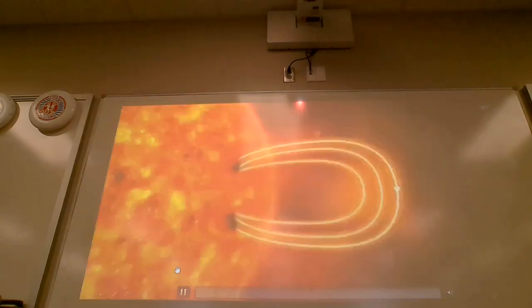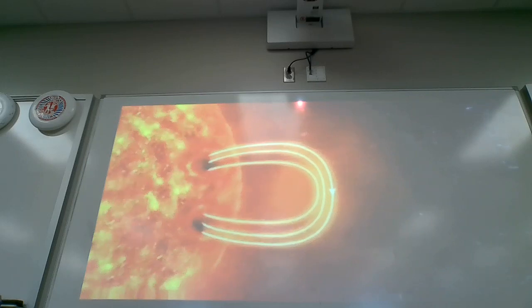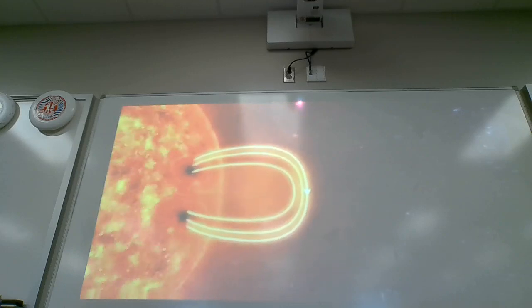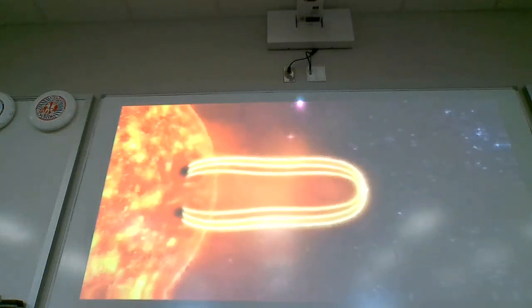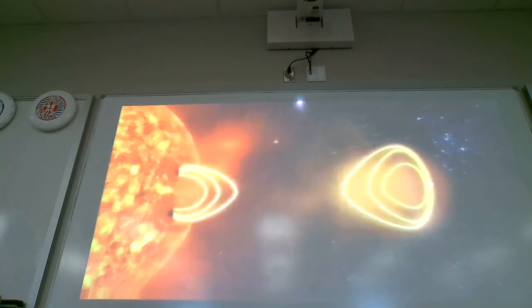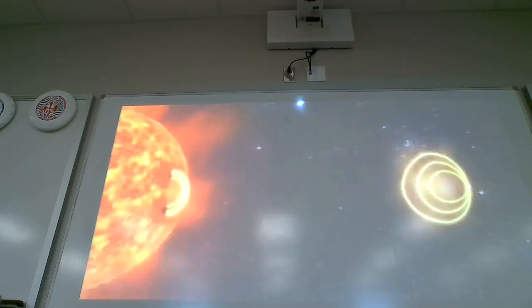So the electrically charged gas is called plasma. The plasma drags the magnetic field further outwards. The magnetic field stretches and twists like a rubber band. And then the rubber band breaks. Several billion tons of plasma is hurled out from the sun.